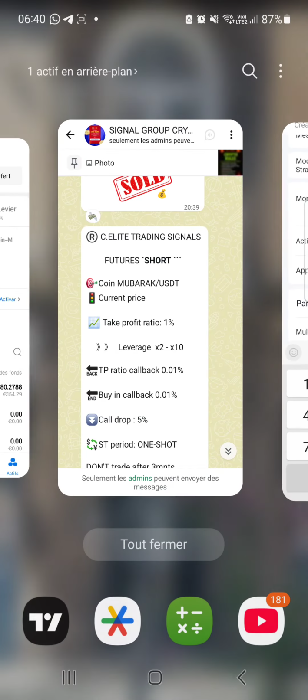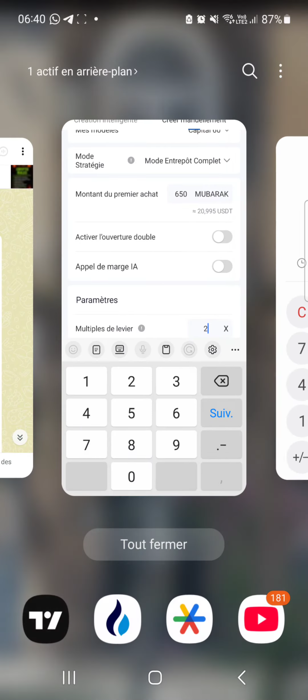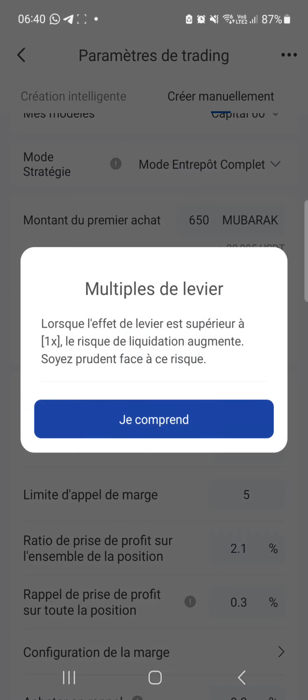So I will go to my calculator and I make 650 times 3. Okay, so it's giving me 1950 pieces. So I'm going to put 1950 pieces. Wait a moment.